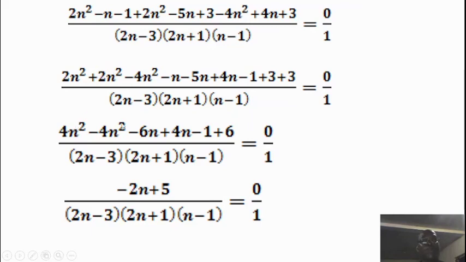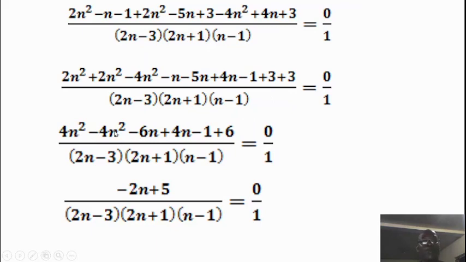Then we have minus 4n squared, minus n minus 5n plus 4n will give us this, because minus n minus 5n will give us minus 6n. Then 3 plus 3 is 6. We simplify our work here.